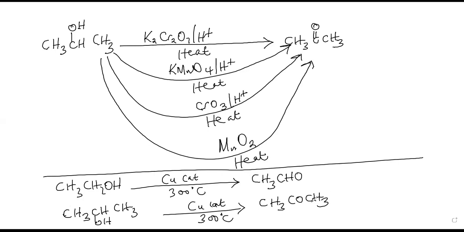All right. On an industrial scale, by oxidizing methanol, we can get methanal, and by oxidizing ethanol, still we can get ethanal. That is on an industrial scale. But there, we use oxygen and silver catalyst.